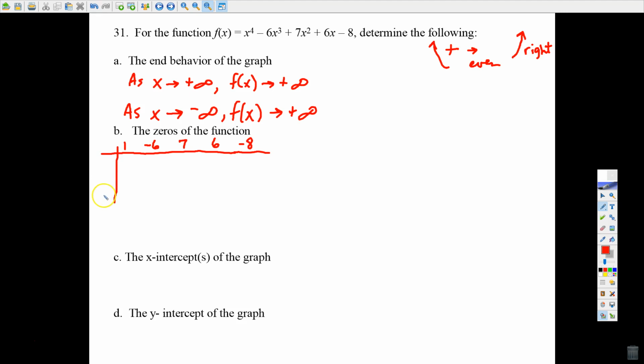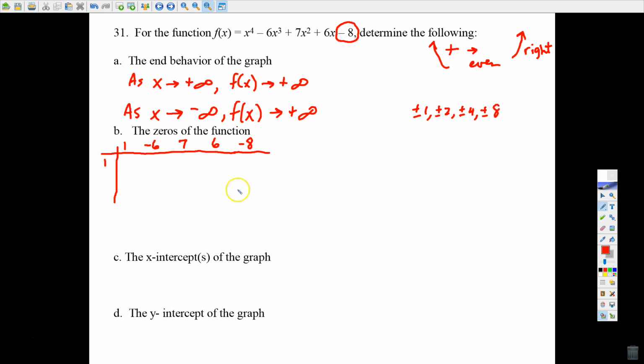And down the side, we're going to test numbers that are factors of this last number. The factors of -8: plus minus 1, plus minus 2, plus minus 4, plus minus 8.